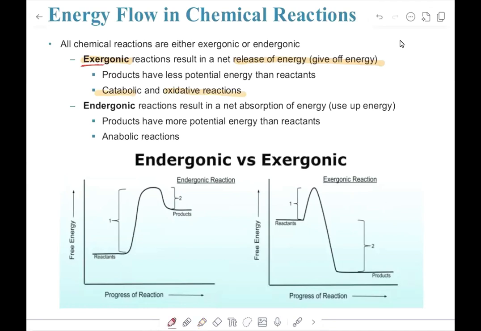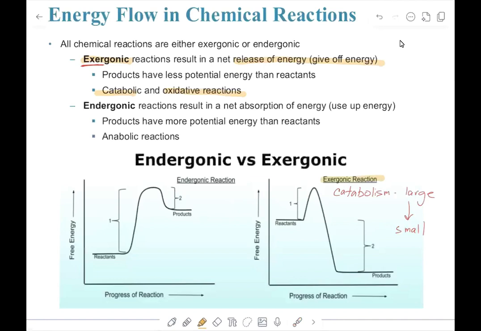Catabolic means that large molecules are broken down into small molecules. So this would be our example of the exergonic reaction. One example of this would be proteins being broken down into amino acids, which would release energy.